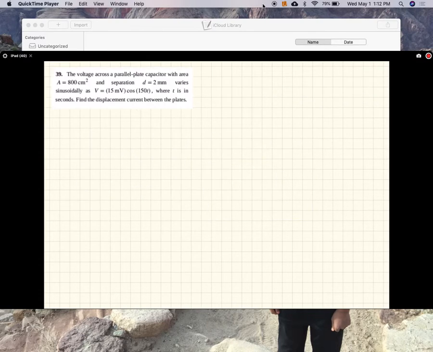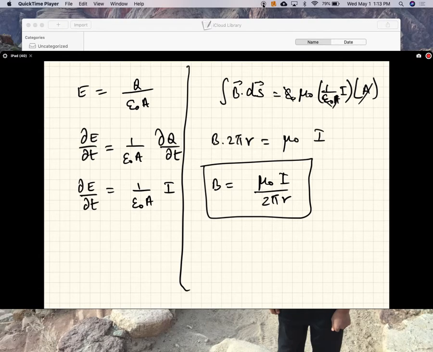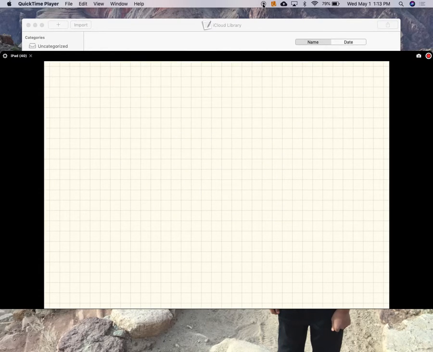Okay, so let me add another page and I will do that. So now the strength of the magnetic field is mu naught I over 2 pi r. Mu naught is 4 pi times 10 minus 7 Tesla meter per amp.